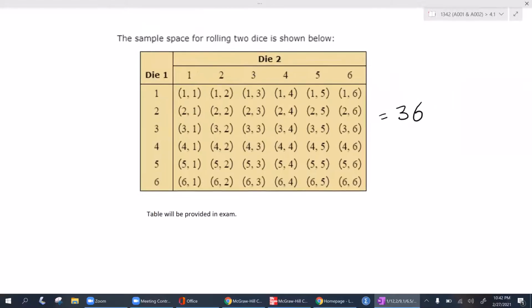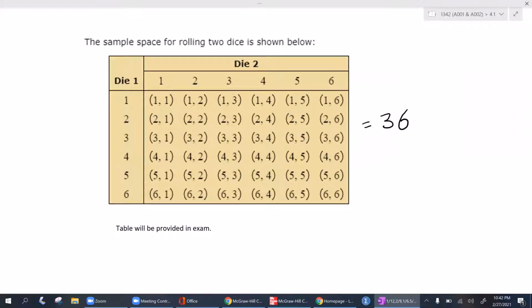In other words, how many ways can you get your dice to have a sum of 10? I'm going to go through this list and find which of these numbers add up to 10. I know it's 6 and 4, and 4 and 6, and this is symmetrical. So one landing on 6 and the other on 4 is one of them.